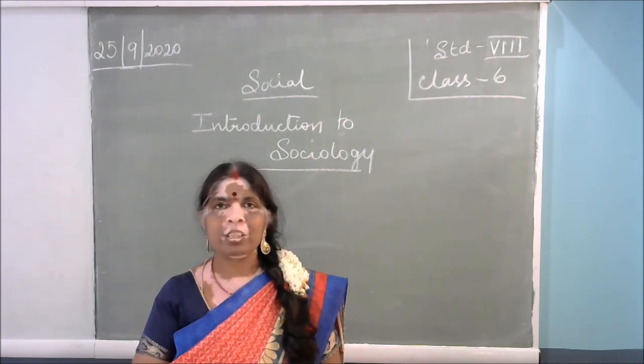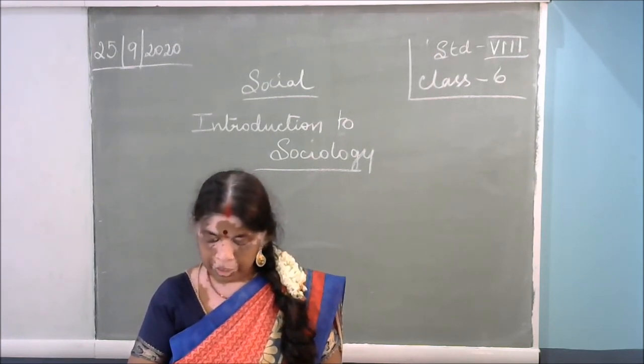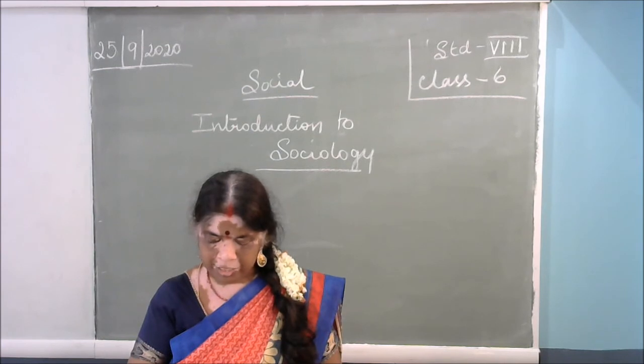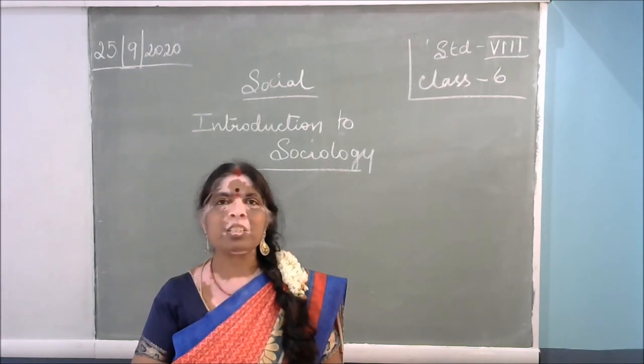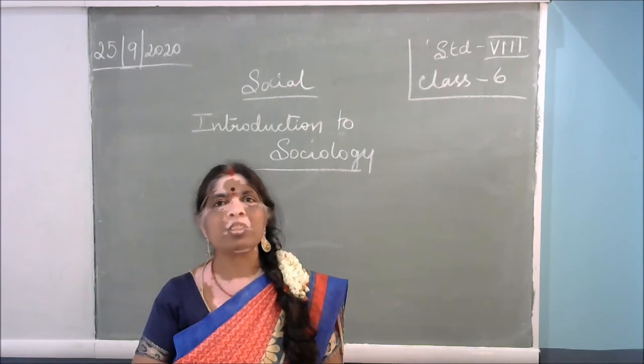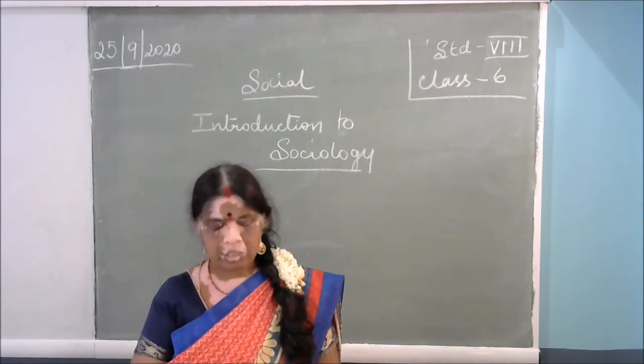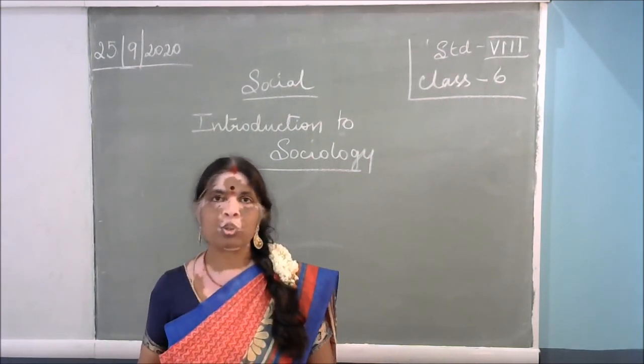In sociology, it is not so. It considers these events as patterns and forms of social conflict and subjects them to scientific study. So this is about the nature of sociology.